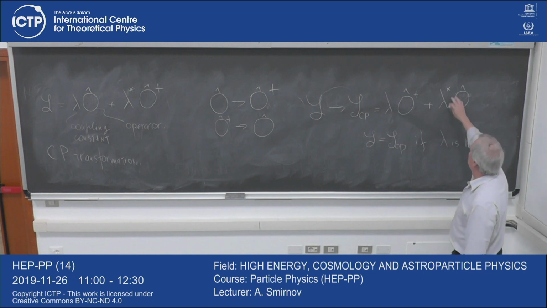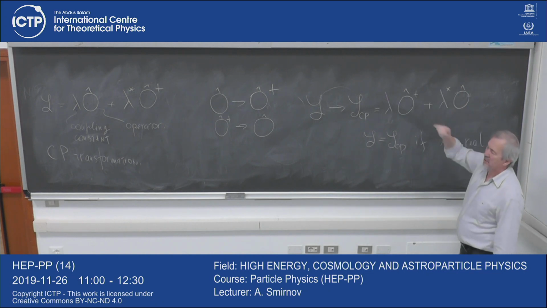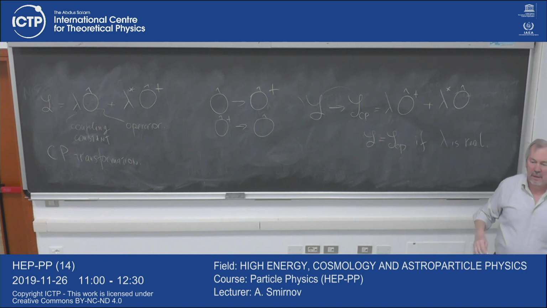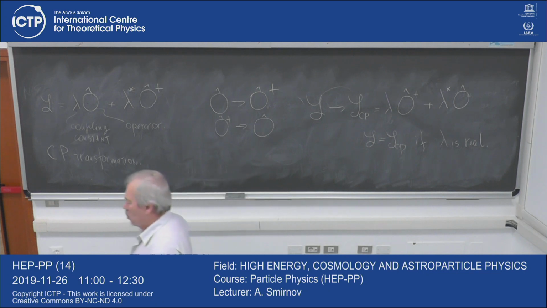So if lambda is real, then I have no conjugate here, right? So I will have the same Hamiltonian. Which means that if you have some coupling constants which have imaginary parts, then potentially you have CP violation. It's not sufficient, but this is a necessary condition to have CP violation.